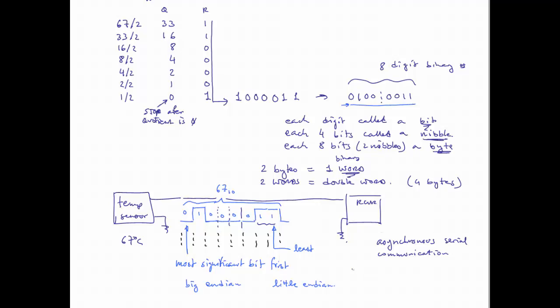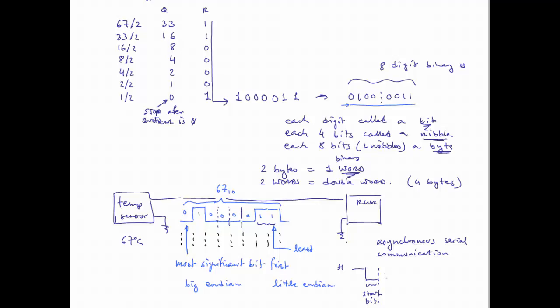What they will do is this digital line will actually stay up at a high value rather than staying at a low like I've shown it. And they always start off with what's called a start bit. So it idles high, and then they have a start bit where it'll always go low for 1 bit time.